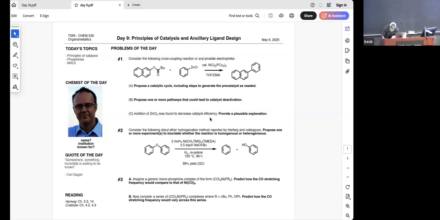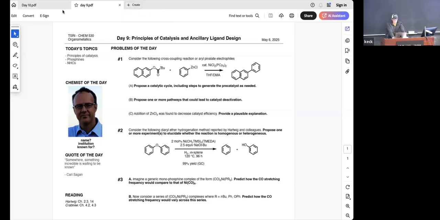Aryl phosphine is next and phosphite is the highest. Why is phosphite the highest? It's more electron withdrawing, so you're going to have worse sigma donation. Okay.